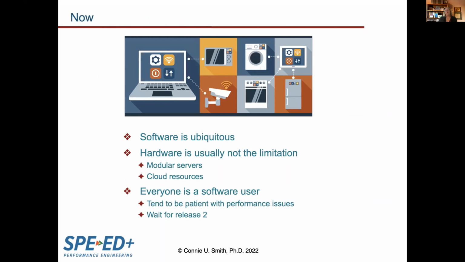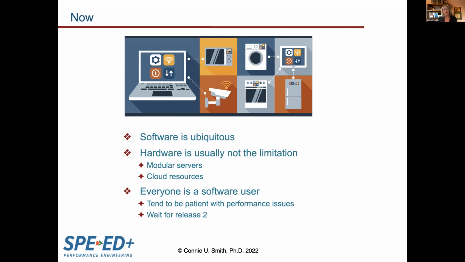So now also we find software in almost everything that we have. Whether we need it or not, it's in our refrigerators and washing machines and IoT devices and so forth. And hardware is usually not the limitation in these devices. We have modular servers, we have cloud resources that we can deploy as needed, and everyone is a software user.